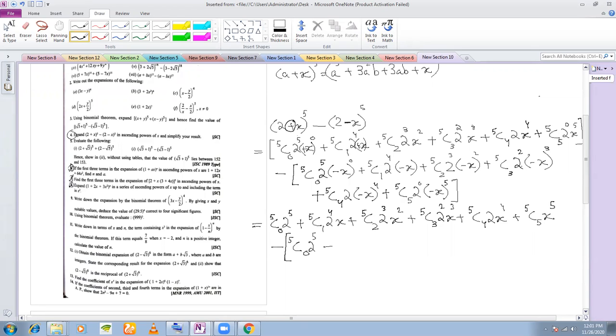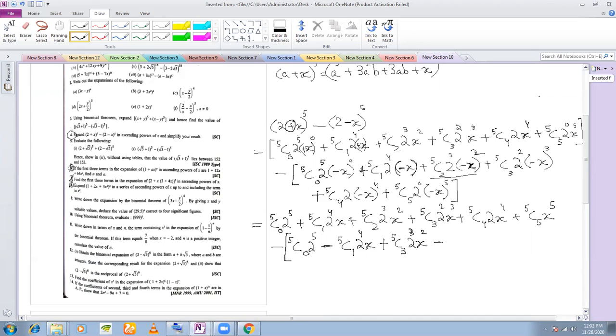Next, I have a minus x here and a plus sign here, so they combine to give a minus sign. So this is minus 5c1 2 to the power of 4x. The next term has a minus x raised to an even power, so this term becomes a plus. Minus x into minus x will give a plus x square. So plus remains a plus sign here: 5c2 2 cube and x square.